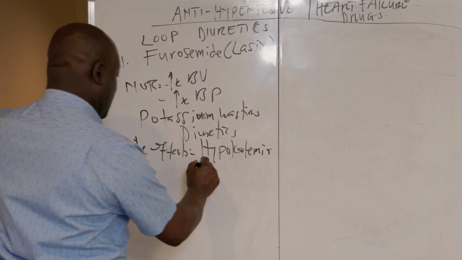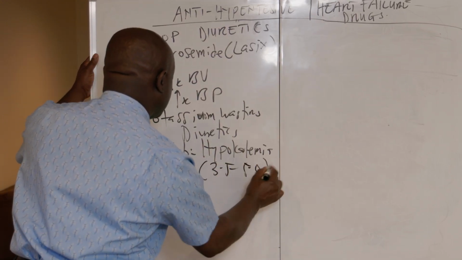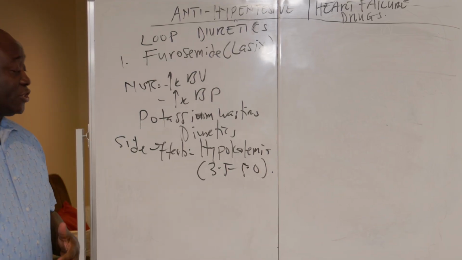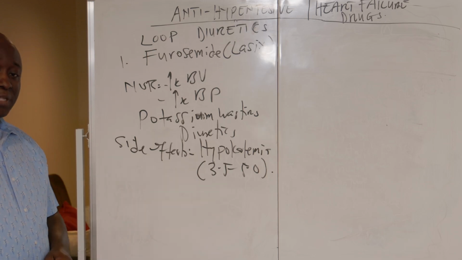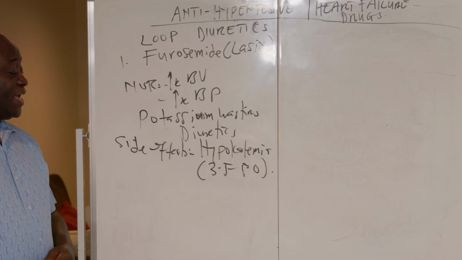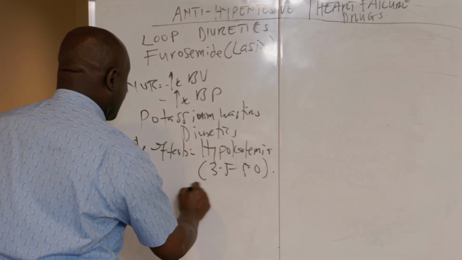Now, normal potassium level is 3.5 to 5.0, and therefore, when somebody is taking loop diuretics, since the person's potassium level could decrease, as a nurse, it is very, very important to monitor the potassium level, because hypokalemia, or decreased potassium level of less than 3.5, can cause what? Can cause arrhythmia. Another side effect is hypotension.